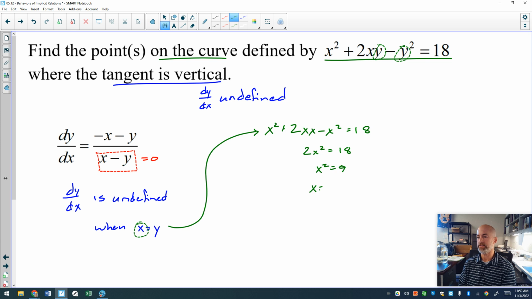And we get x equals, be careful, plus or minus 3. And if x is plus or minus 3 and my y is equal to my x, that means the points on this curve where the tangent would be vertical would be the points where my x is 3 and my y is 3, and the other one, when x is negative 3 and y is negative 3.